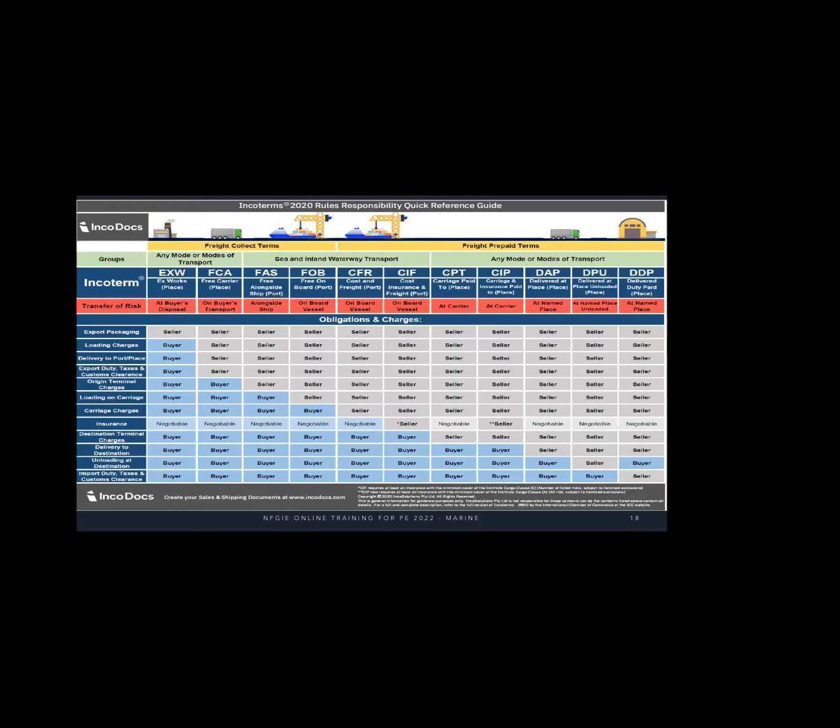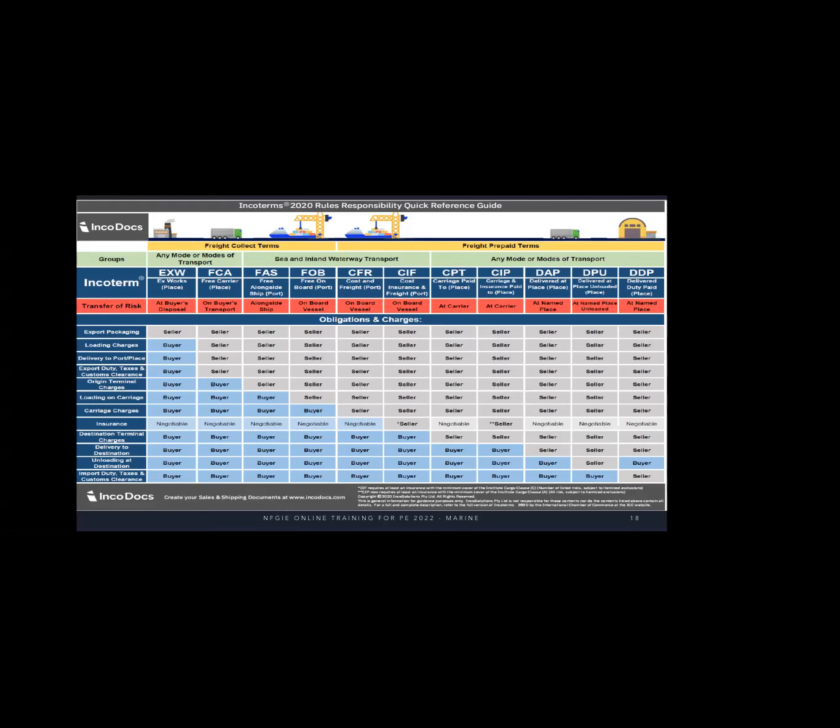Those are FAS, FOB, CFR, and CIF. The other 7 can be used for any mode of transport.